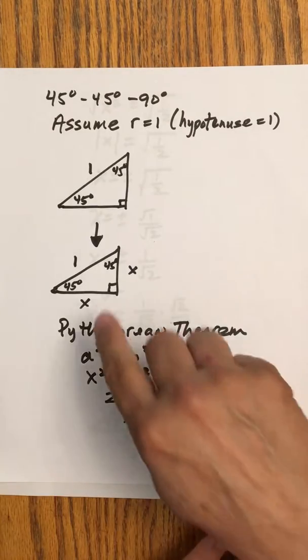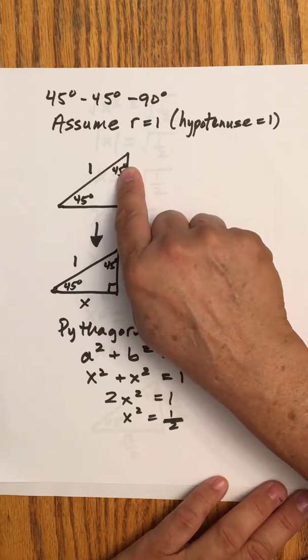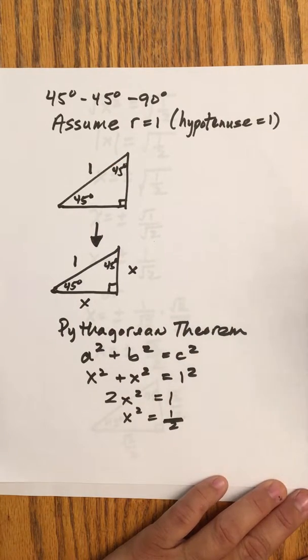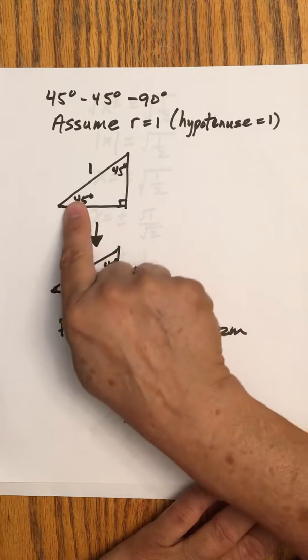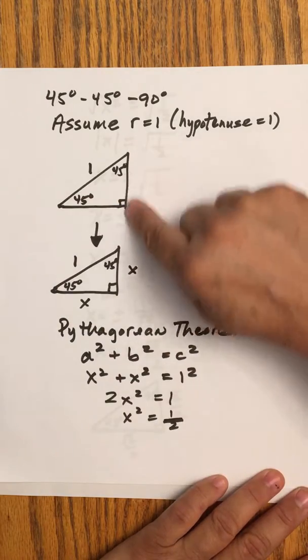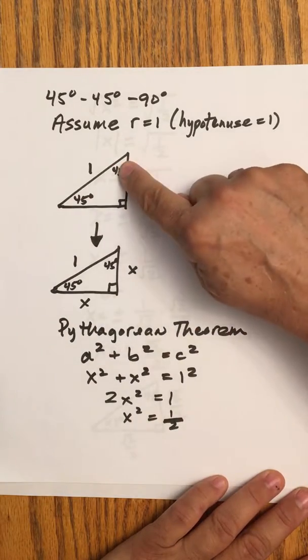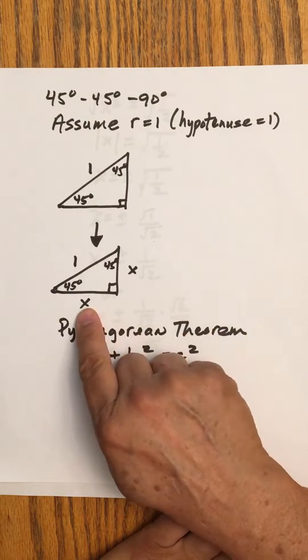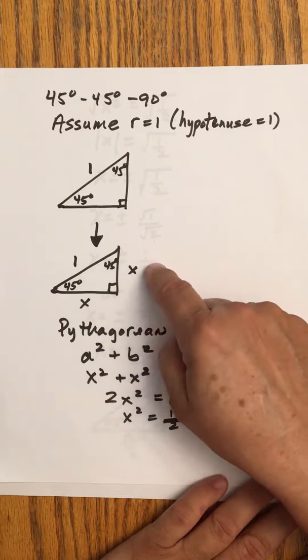Now what happens is, because I know these are both 45 degrees, then they must form sides of the same length. So this 45-degree angle forms this side, and this 45-degree angle forms this side, and they must be of the same length. So I label them the same way. If one's x, then the other one's also x.